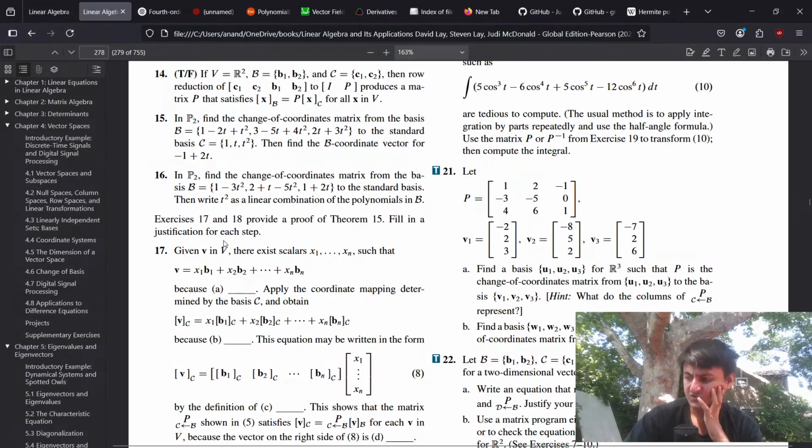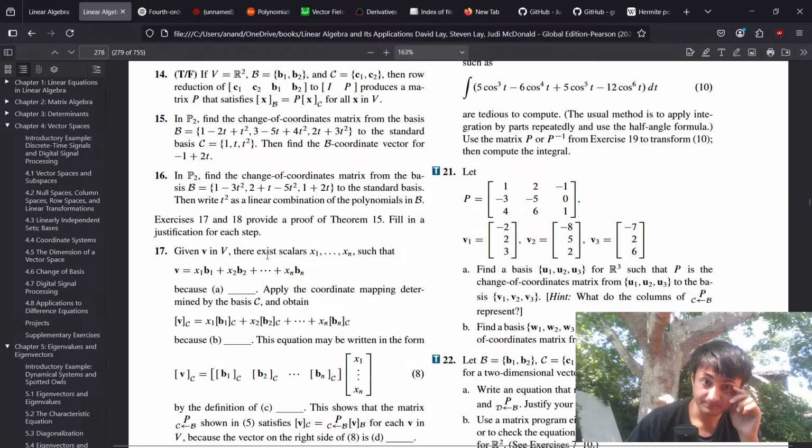Okay. So problem 17 is, given v, there exist scalars x1 to xn such that the linear combination, because, wait, what?